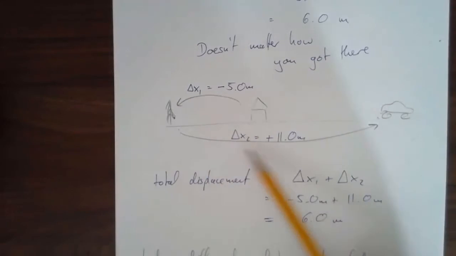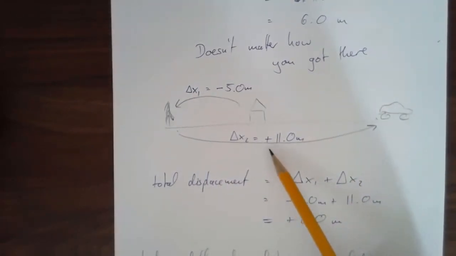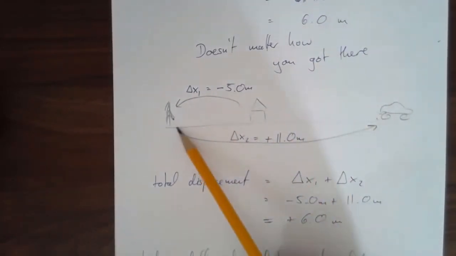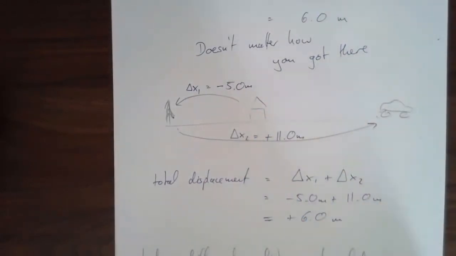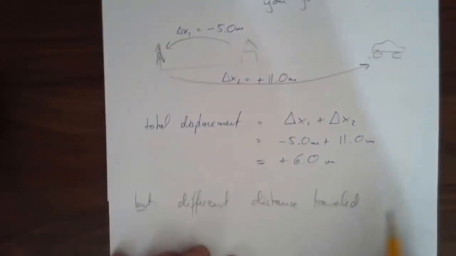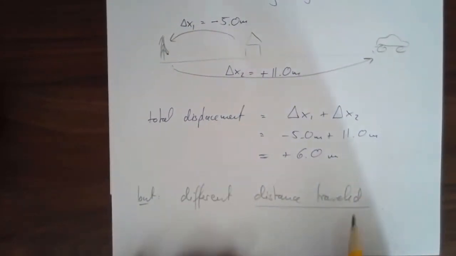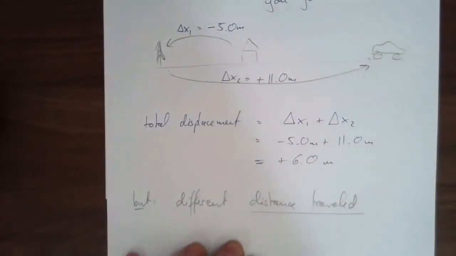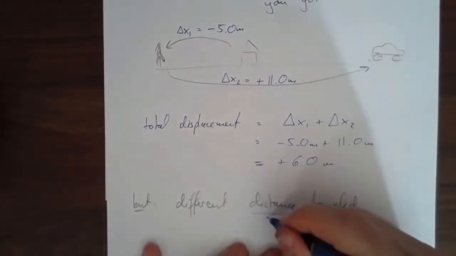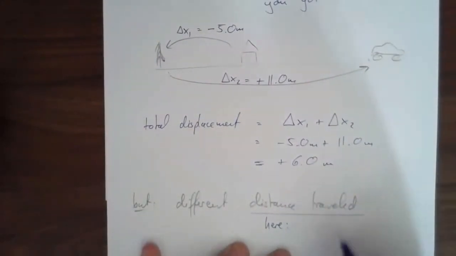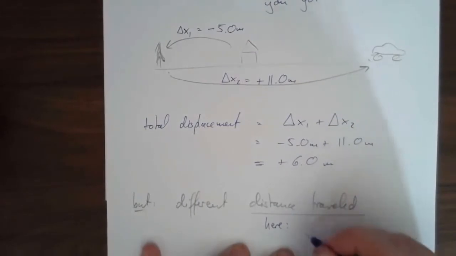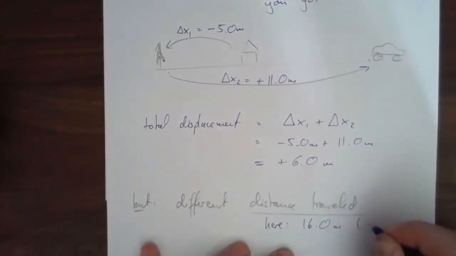And you used up fuel for 16 miles of driving, not for 6. You don't get fuel back because you're going in a negative direction in the coordinate system. So often the distance traveled matters. Here, the distance traveled is going to be 16 meters, 5 plus 11.